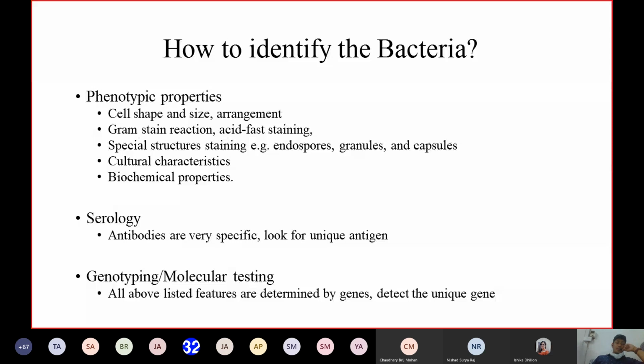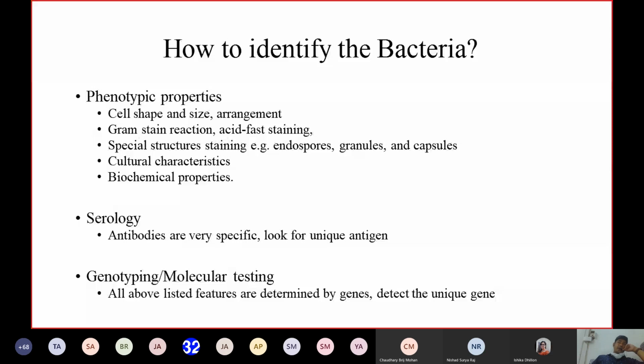Other than that is cultural characteristic. Here you have to understand that bacteria we can grow in artificial media, with some exceptions. But the most common organisms that cause disease in human beings are culturable, and cultural characteristics are specific for specific bacteria.